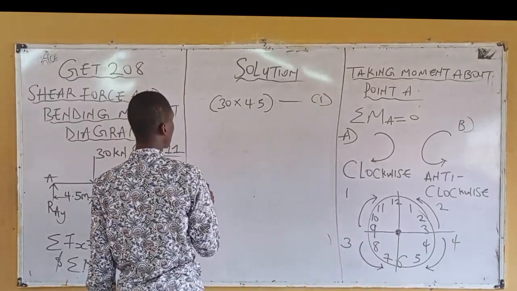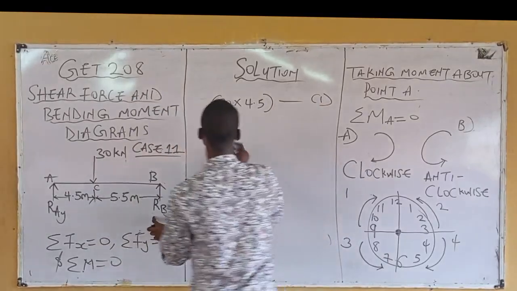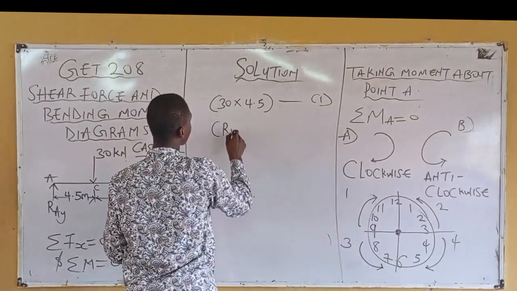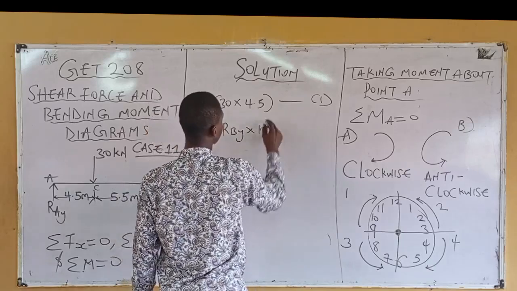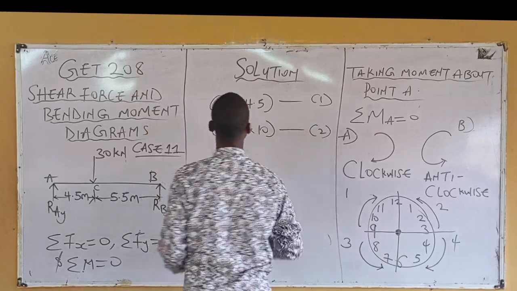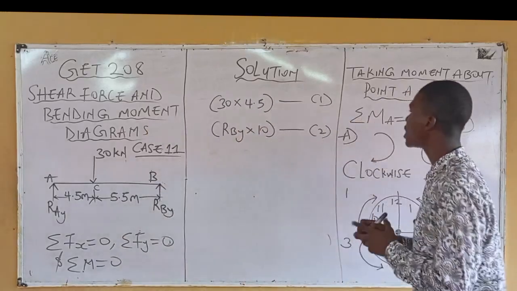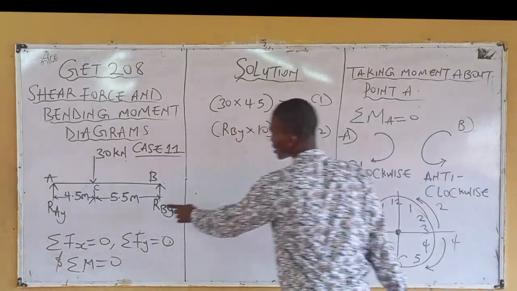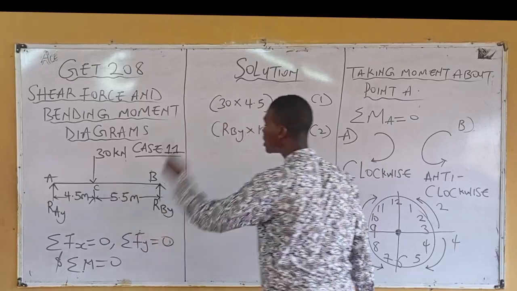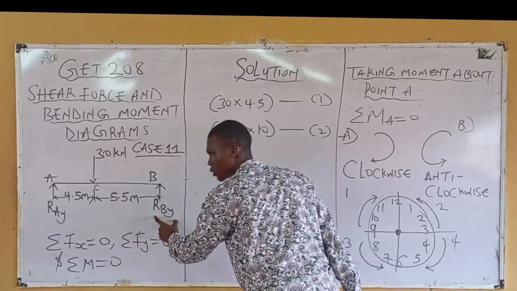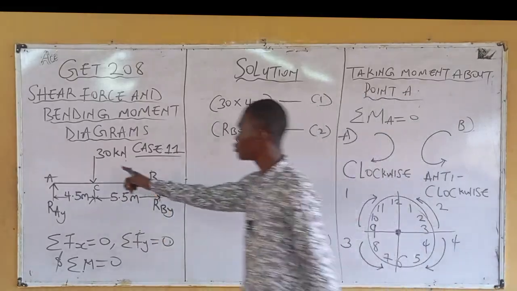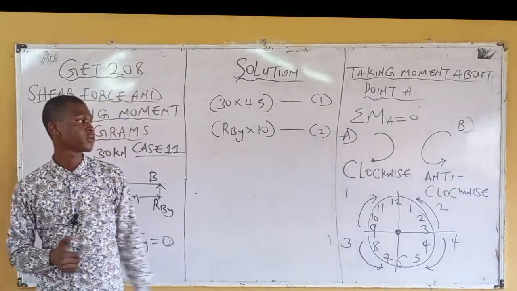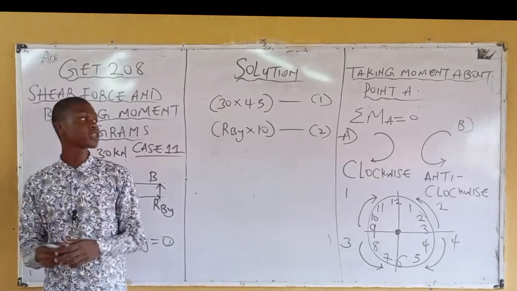The next one is this, meaning I have RBY times what? Times 10. Now the question is, in what direction is this 30 going? And in what direction is this RBY going? Now come back to this. This 30 kilonewton, in what direction is it going? What's the concept?